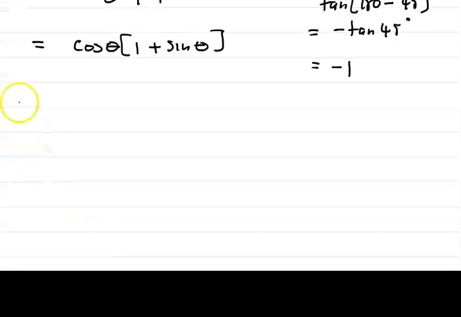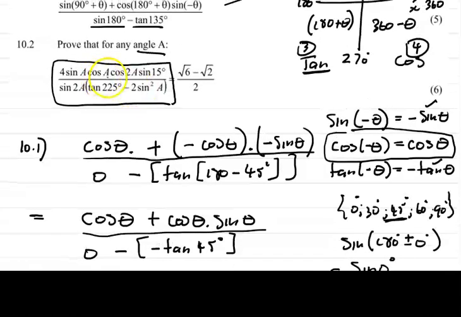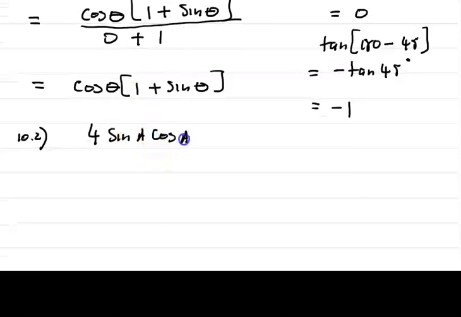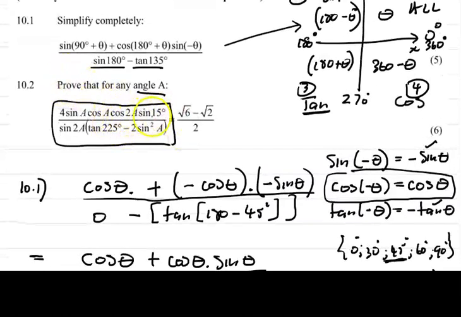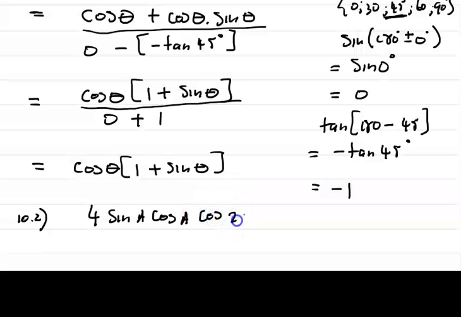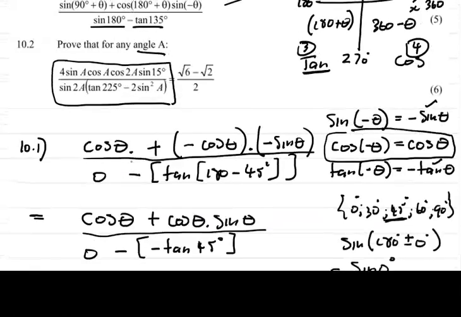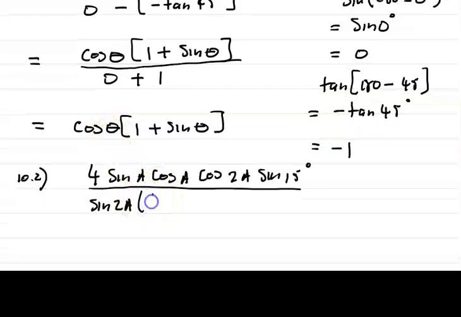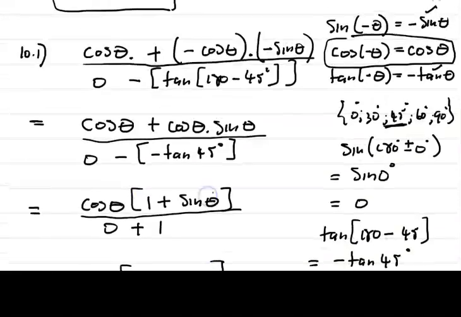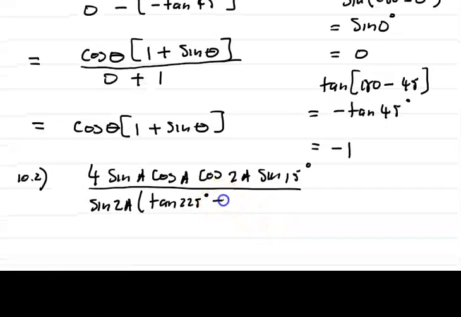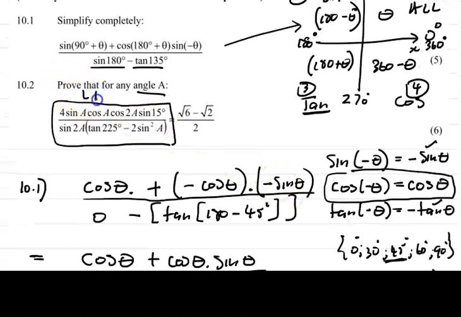So 10.2: 4 sine A cos A, cos 2A sine of 15 degrees, all over sine 2A into tan of 225 degrees minus 2 sine squared A. Now remember, this is the left hand side.